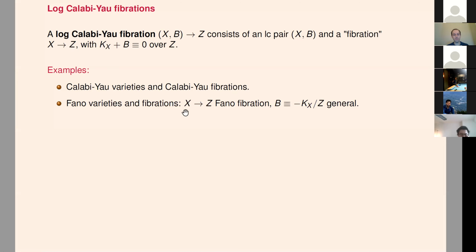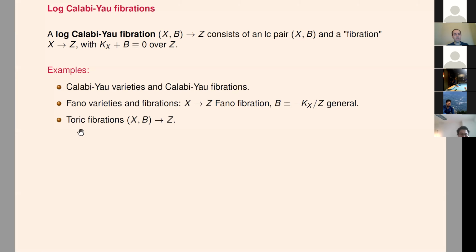More specifically, if X to Z is a Fano fibration, so minus K is by definition ample over Z, then you can always find some B, which is not a unique choice, but you will have a lot of different choices, B numerically inside minus K. And that will give you then automatically K plus B will be numerically trivial over Z, and therefore you have a log Calabi-Yau. So if you have Fano, then you can get log Calabi-Yau out of it.